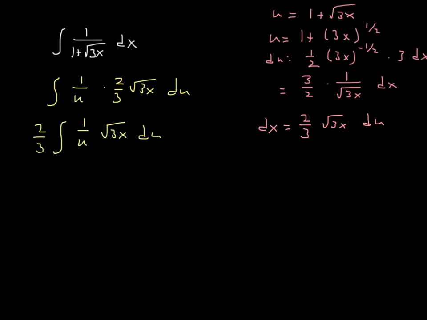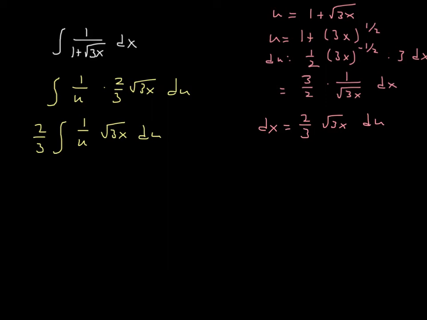And so I know that du is equal to 1/2 times the 3x to the negative 1/2 times 3 dx, or I get that it's equal to 3 over 2 times 1 over the square root of 3x dx. Now, the one thing I'm going to do on this one is solve for dx.